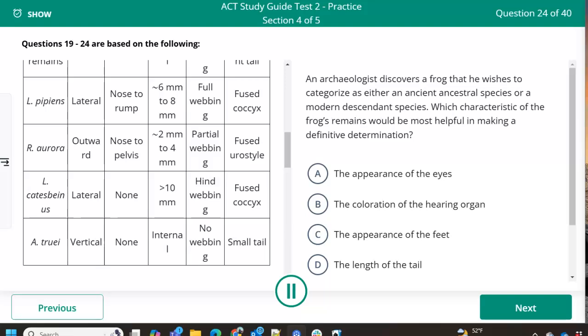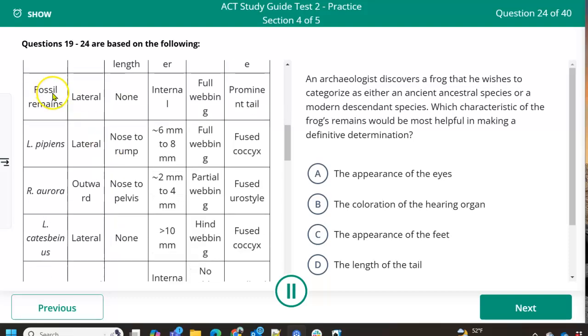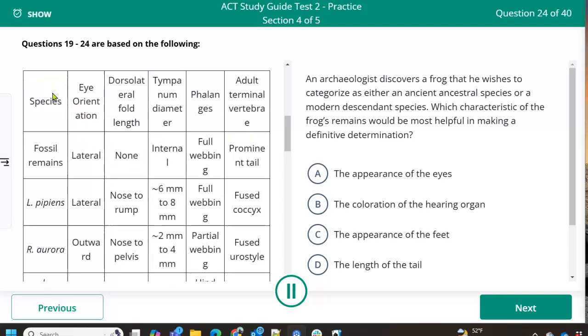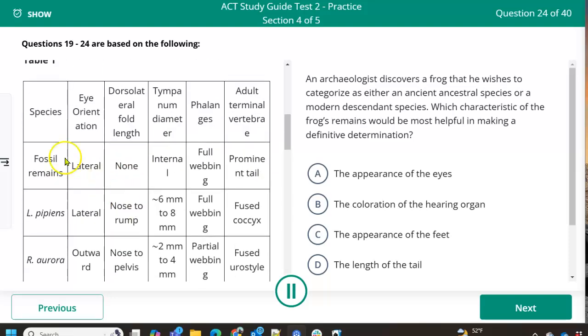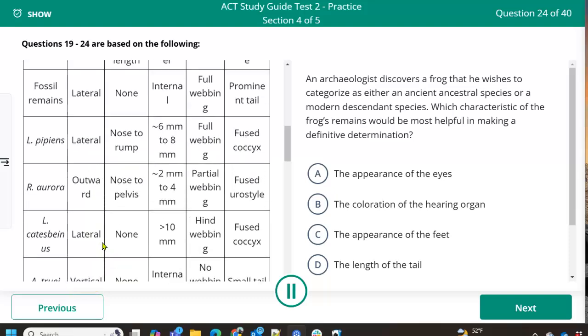An archaeologist discovers a frog that he wishes to categorize as either an ancient ancestral species or a modern descendant species. Which characteristic of the frog's remains would be most helpful in making a definitive determination? All right, so that means we've got to look at the fossil remains and see where we have a difference between the fossil remains and the modern descendant species.